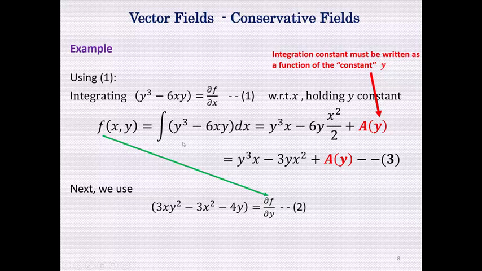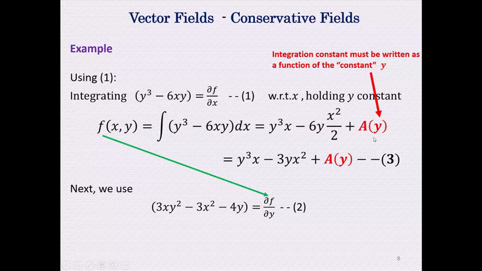We have done partial integration before under multiple integrals. When doing this integration, we will keep y as a constant. So as a result, y cubed will become y cubed x because y cubed is like a constant. Similarly, 6xy will become 6y, the constant, times the integration of x, which is x squared over 2.